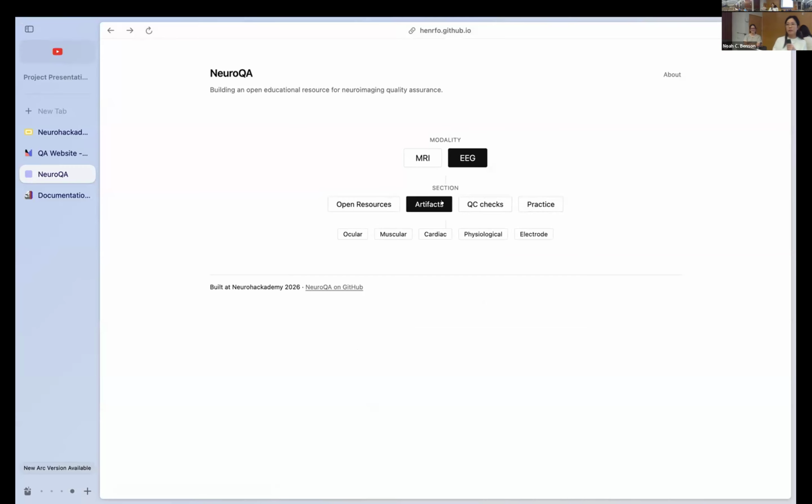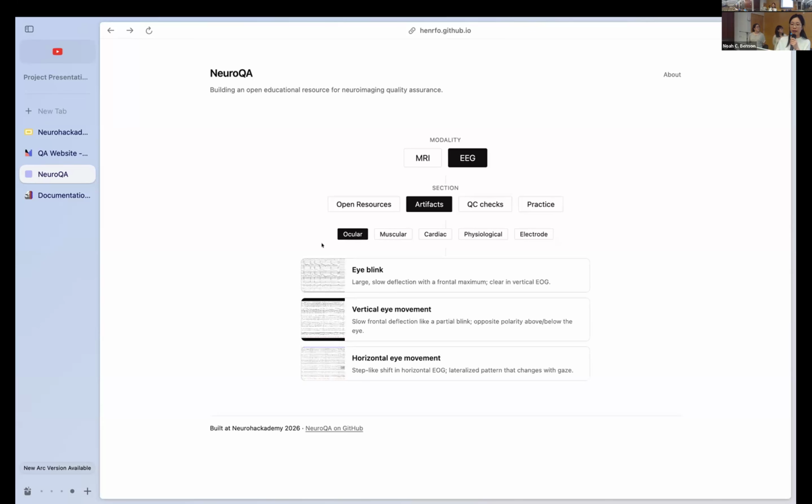Thank you. Hi, everyone. My name is Chen Ye. I will briefly introduce the 2 key components in the EEG section: artifacts and QC checks. In the artifacts section, we developed 5 different categories of common EEG artifacts.